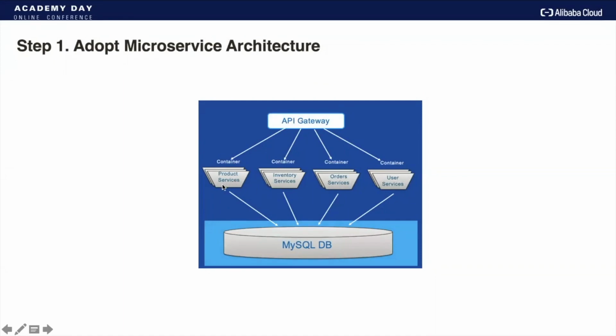You can have a bunch of containers for the product, services, inventory, orders, and users all separately, and those containers can run on separate resources. So essentially you can scale separately. You can scale users according to the number of users, and you can scale orders in a different way. You have all that flexibility.